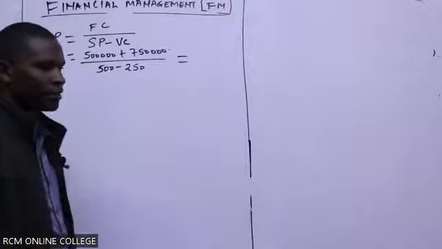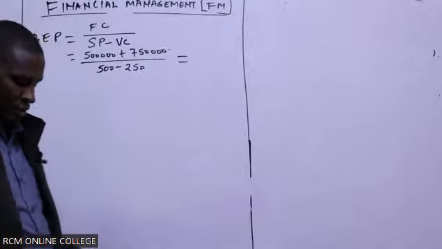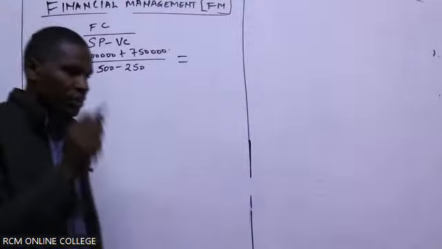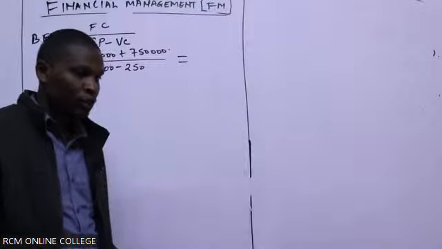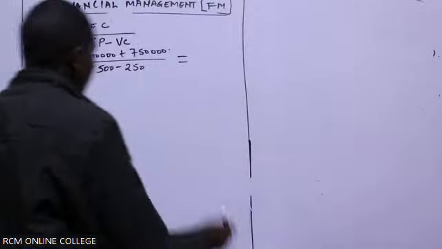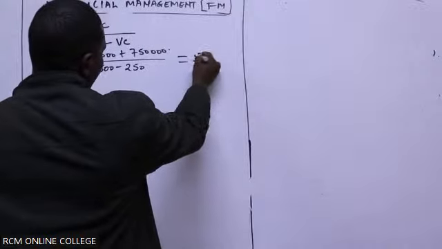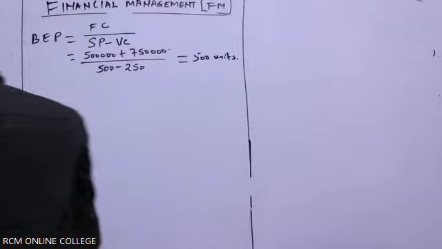First of all, add, then divide by 250. Whatever that you get is the break even point in units. Then tuende kwa hiyo ingine. How much are you getting? Sami is getting 500 units. 500 units. Then we go to Roman number 2.